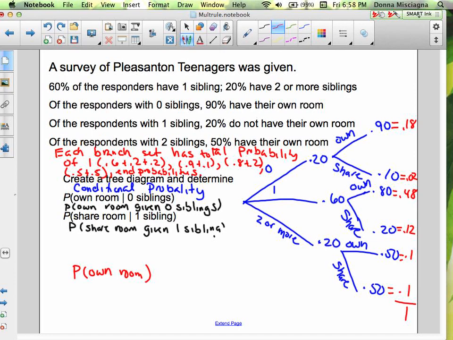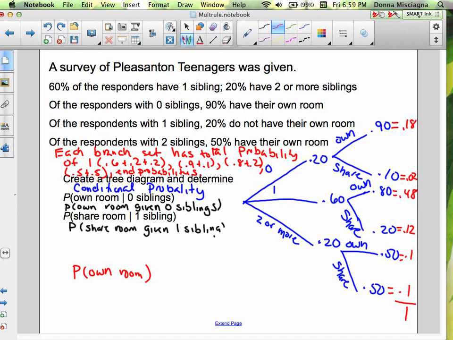So the first one, I just want to go through that again, make sure it was clear. What that means is the probability you have your own room given 0 siblings. So I need to go down the branch with 0 siblings. I'm not going to go down any other branch because it's given. Given tells us where to start.